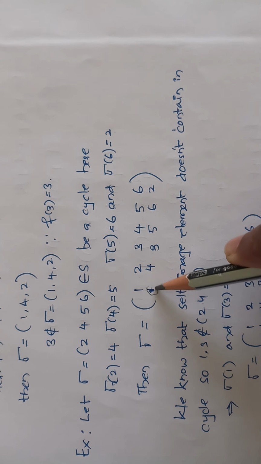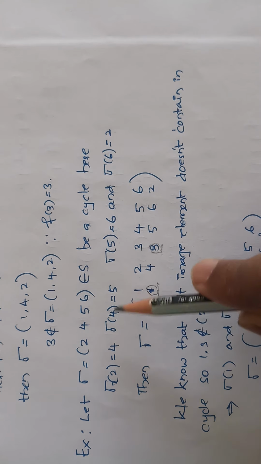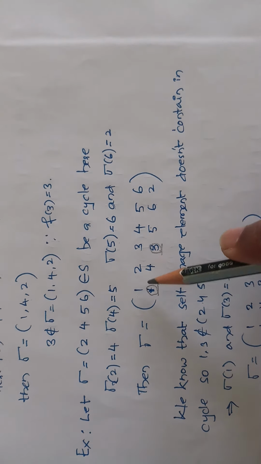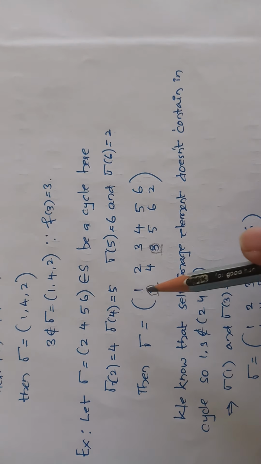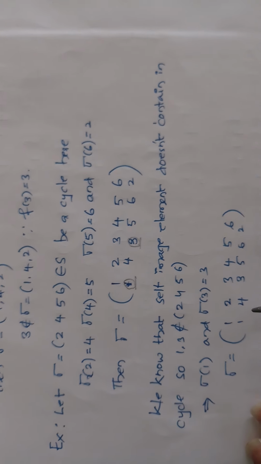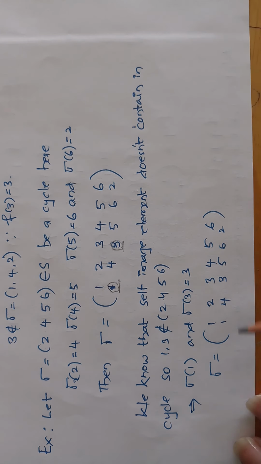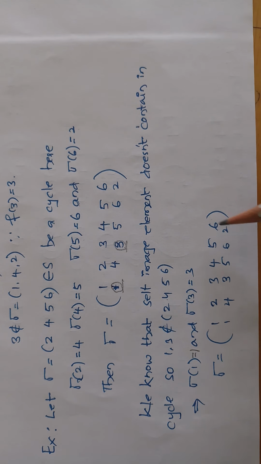But 1 and 3 do not appear here because those are pairing with themselves. We know that a self-image element isn't contained in a cycle. So 1 and 3 don't belong to (2 4 5 6). Therefore gamma of 1 is equal to 1 and gamma of 3 is equal to 3. Therefore gamma is 1 to 1, 2 to 4, 3 to 3, 4 to 5, 5 to 6, 6 to 2.